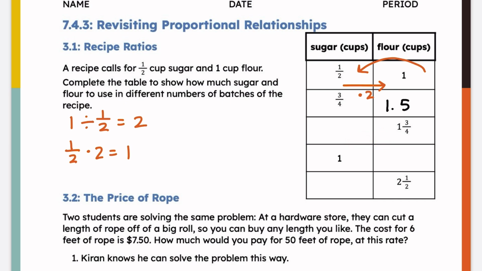So when we have a situation like this, we should remember, going forwards, I multiply by 2. Going backwards, I need to divide by 2. So I need to type into my calculator 1 3/4 divided by 2, since I'm now working backwards, and that's going to give me the fraction 7/8.